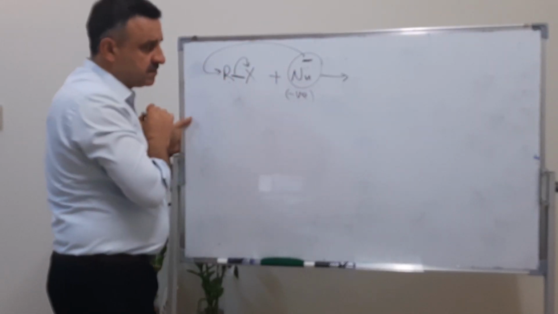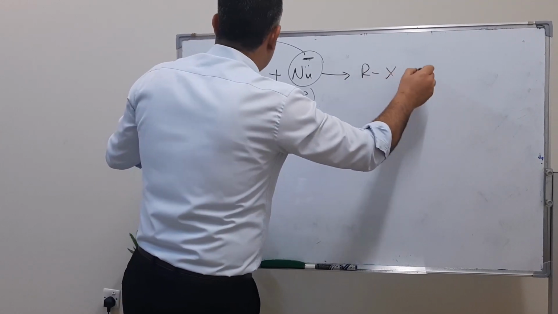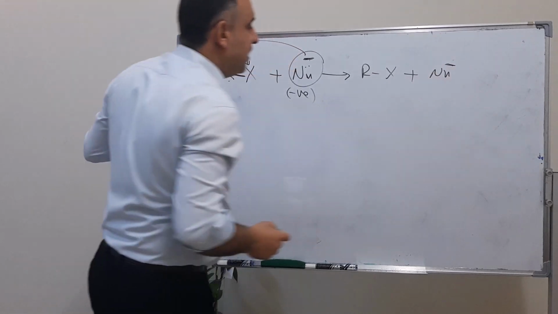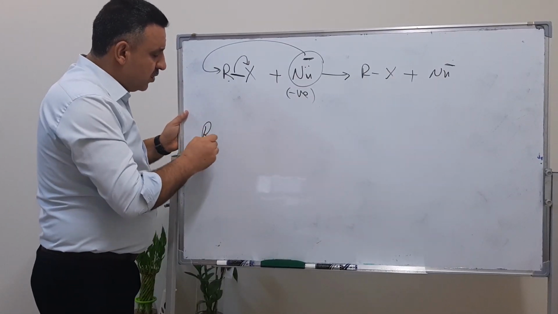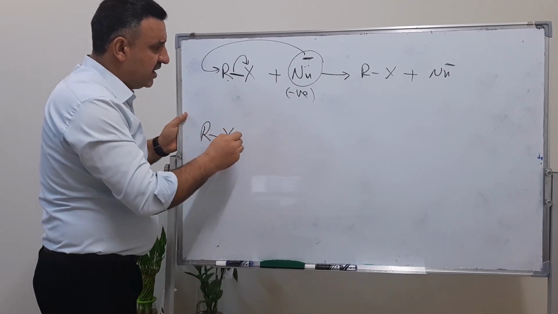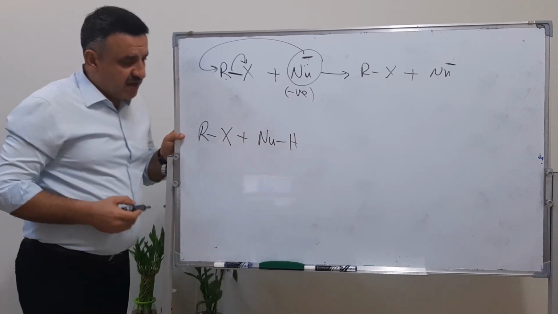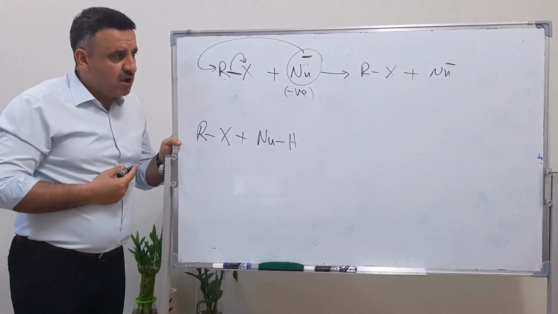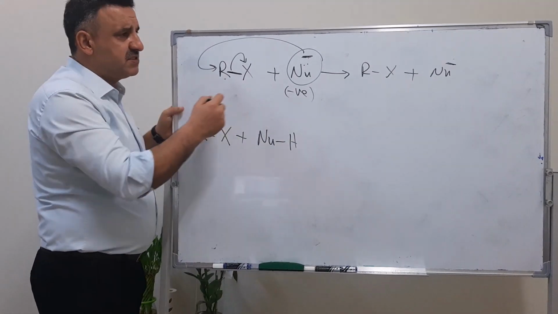Do you see this? That's what we are going to get. We are going to get R-nucleophile plus X minus. So we will get the final product directly. Before the neutral case, let's give a specific example.